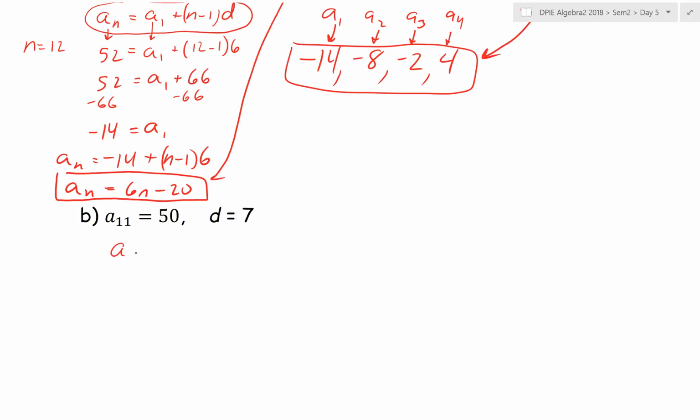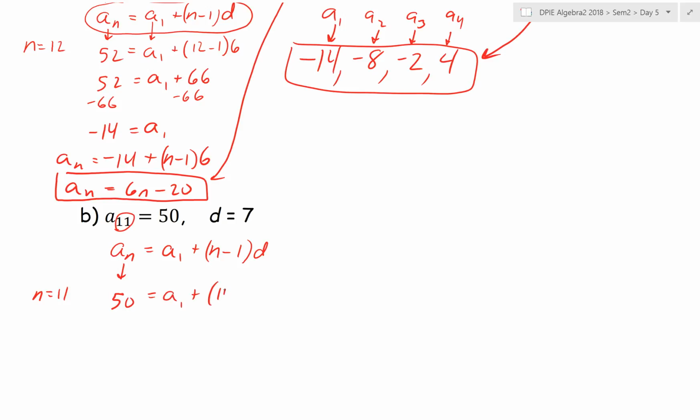Okay, so we'll go about this very much the same way we did the last one. We'll start with a sub n is equal to a1 plus n minus 1 times the common difference. That works for every arithmetic sequence. And we're given information about when n is 11, a sub n would be 50.